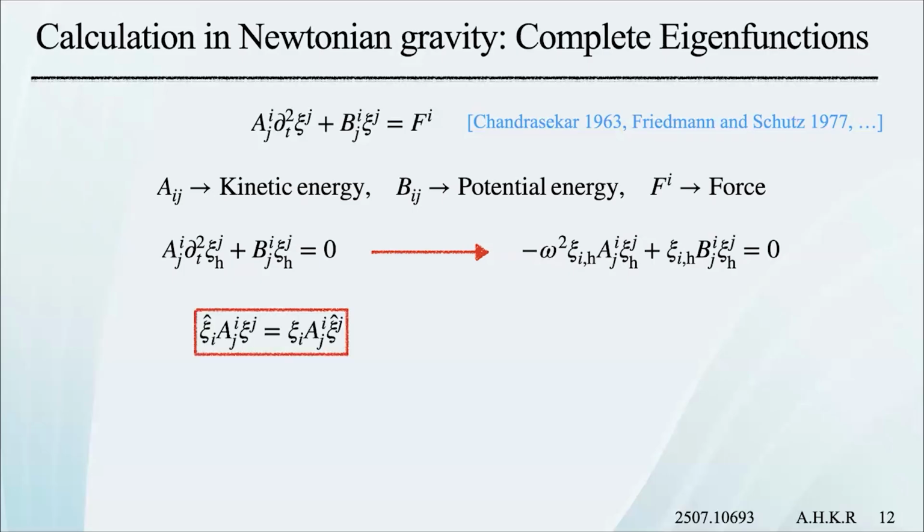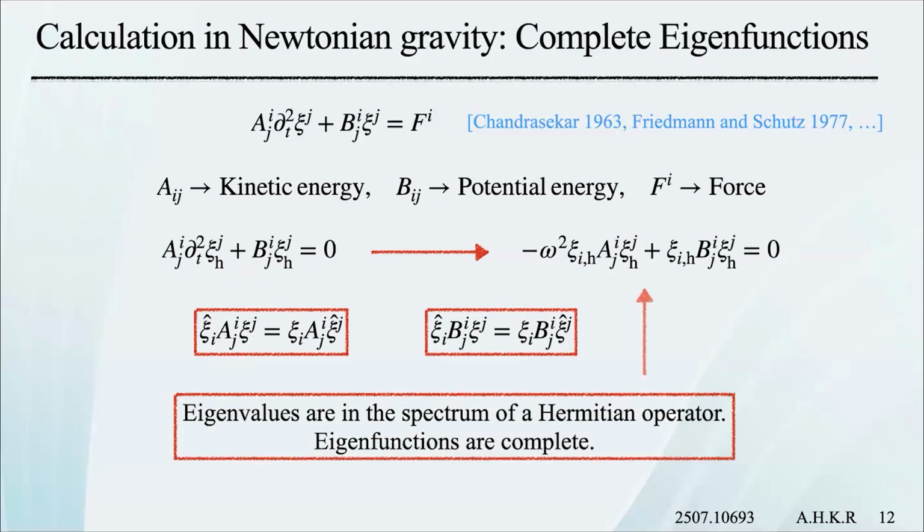The nice thing about the operators is that they are symmetric. So given any two displacement vectors, they don't have to satisfy the equation of motion, these operators are symmetric. What that means, kind of from quantum mechanics, is that this is the eigenvalue problem of a Hermitian operator. So you get real eigenvalues. So omega squared is real.